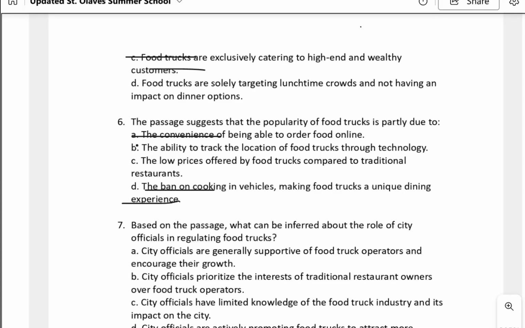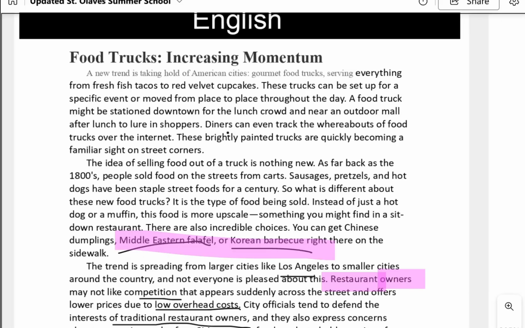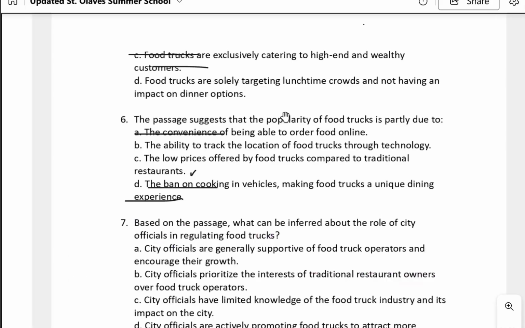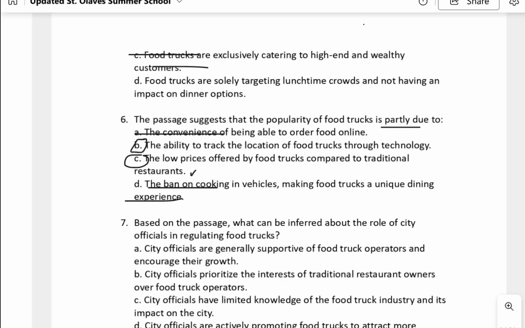A direct quote from the text is that diners can even track the whereabouts of food trucks over the internet. This is a contributing factor, and this is given in the opening paragraph as a reason for the popularity of food trucks. It's partly due to that, so the solution is B.